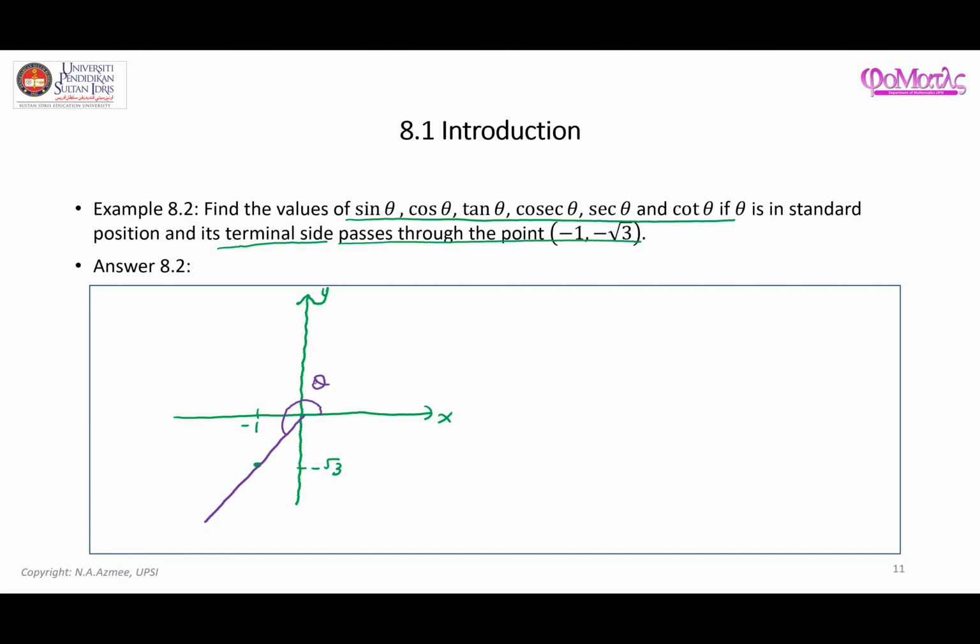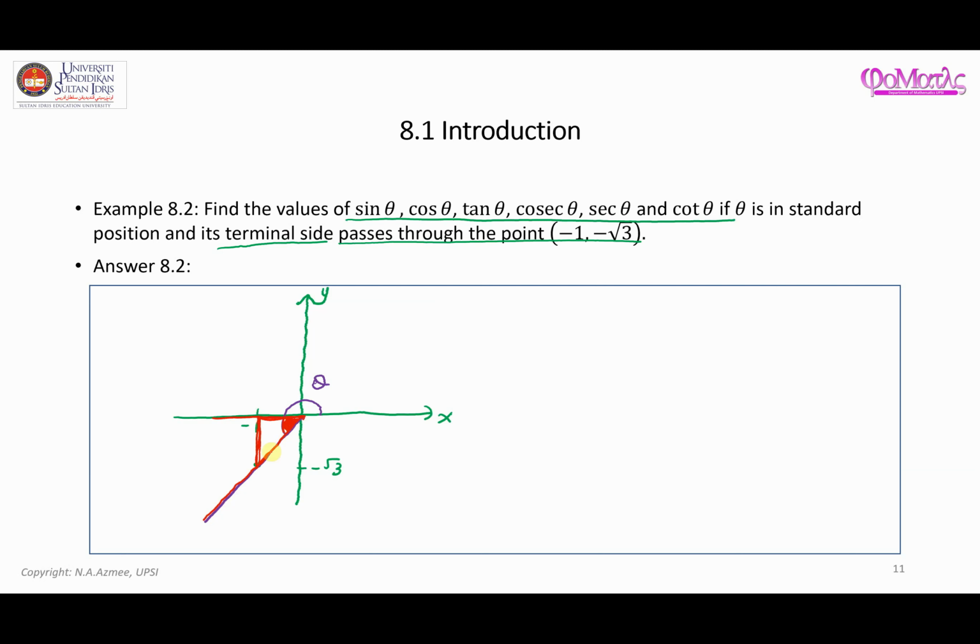We have learned in the previous video that if you want to find whatever values of interest related to theta, you can use the reference angle. My reference angle is this one, so we can just refer to this angle. Based on this, I can draw a right angle triangle.